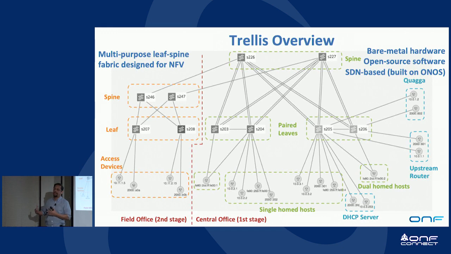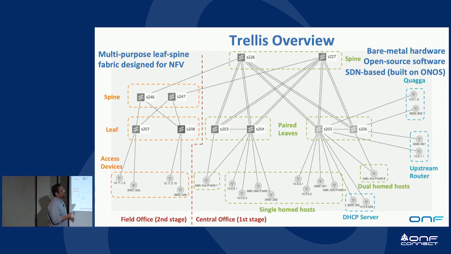But as we know, telecom operators deal with lots of different kinds of traffic. So mobile traffic can be coming over GTP tunnels, and residential traffic can be coming with Q&Q VLANs. So your fabric has to deal with all of these different kinds of traffic and provide different kinds of services. So that's why I said Trellis is multi-purpose, and it's designed for NFV.